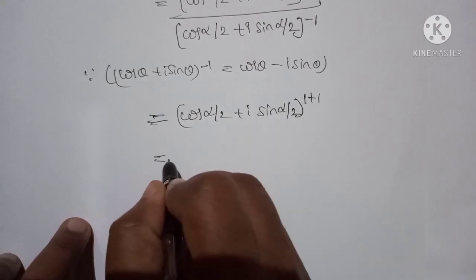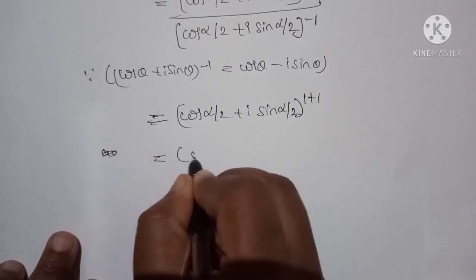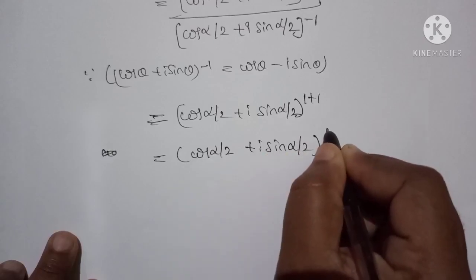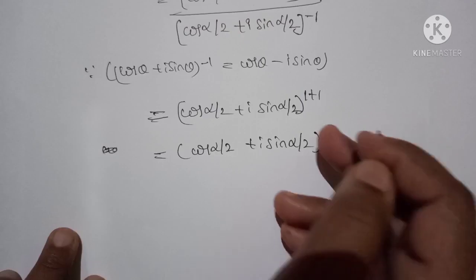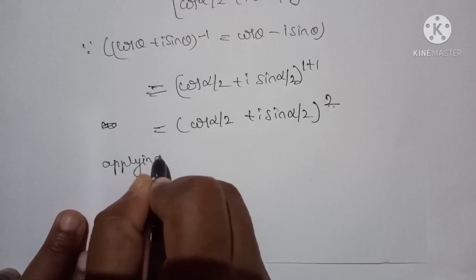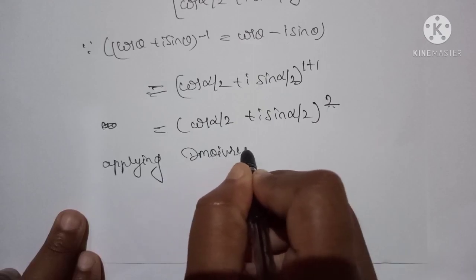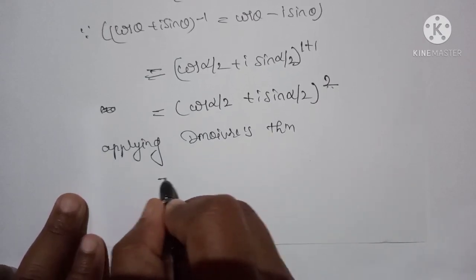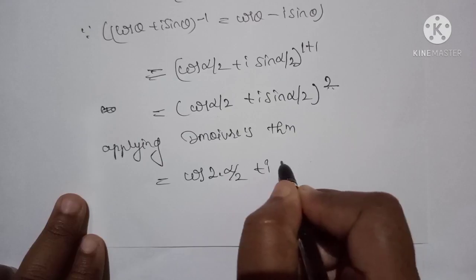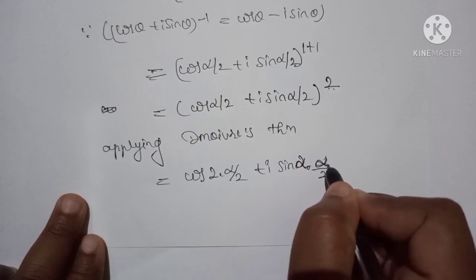Now again applying De Moivre's theorem, here I will write one more step: cos alpha by 2 plus I sin alpha by 2 power 2. Applying De Moivre's theorem, this 2 can be multiplied with the angle, so we get cos of 2 into alpha by 2 plus I sin of 2 into alpha by 2.